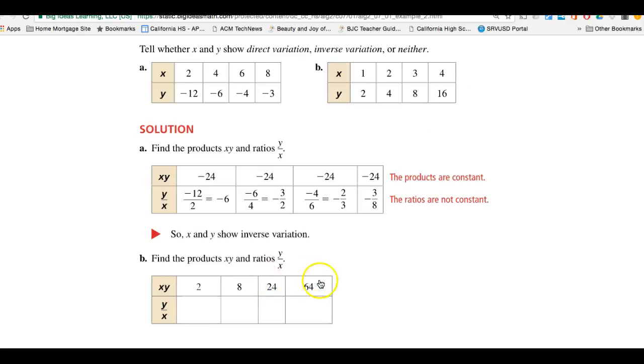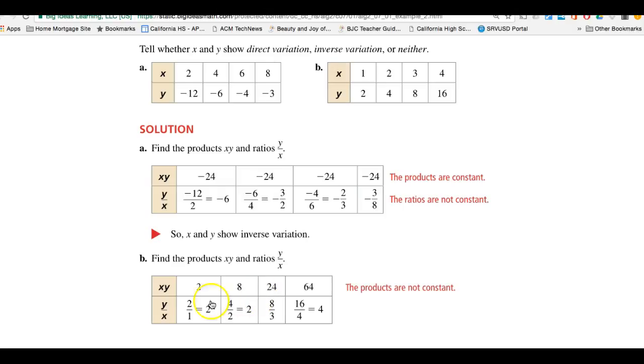These products aren't constant, so we know this isn't an inverse variation. If this was going to be a direct variation, then the ratios of y over x should be constant. So 2 over 1 gives us 2, 4 over 2 gives us 2. Looks good so far. 8 over 3, not 2. 16 over 4, not 2.